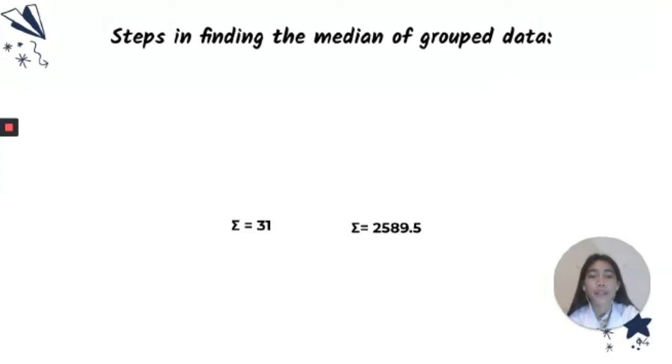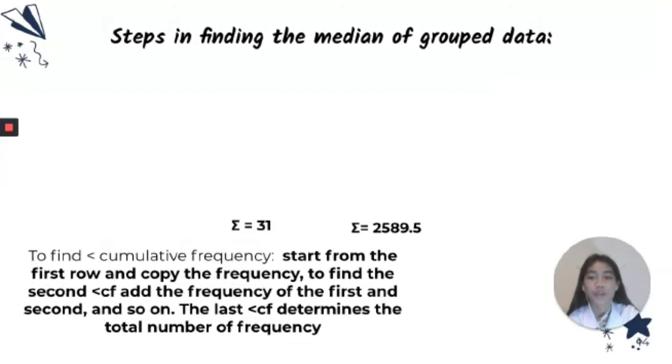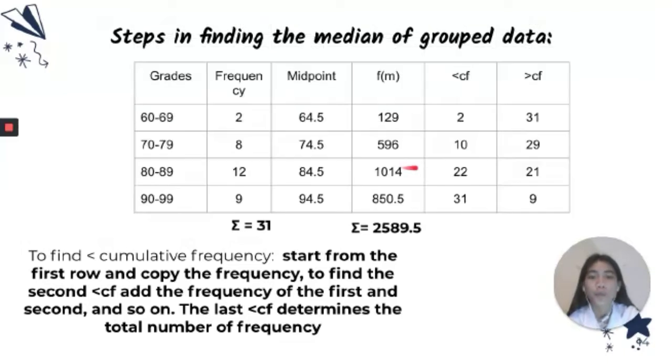Yung ginamit kong data dito is kagaya lang doon sa mean. First, ganito po yung table niya. We need to find the less than cumulative frequency. Para makuha ito, yung first row natin is gagayahin lang natin yung frequency ng pinakauna.